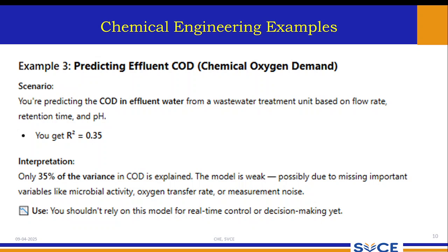Because there are other important, significant factors which will have an influence on COD, compared to the data which has been taken over here, for this case, the flow rate, retention time, and pH. So we also need to consider the microbial activity, oxygen transfer rate, or measurement noise, which will have a predominant effect in determining the COD value as the dependent variable.